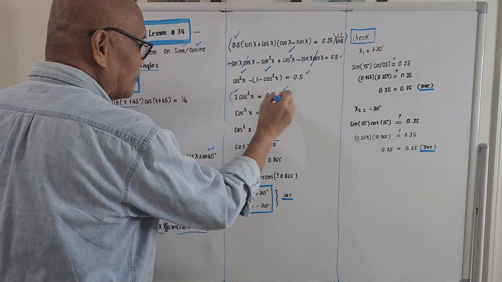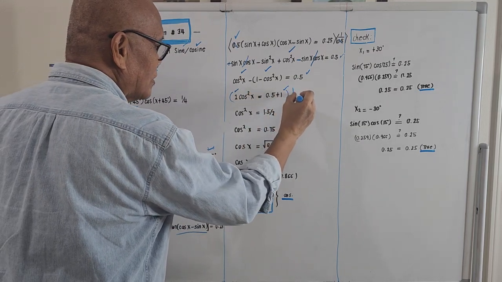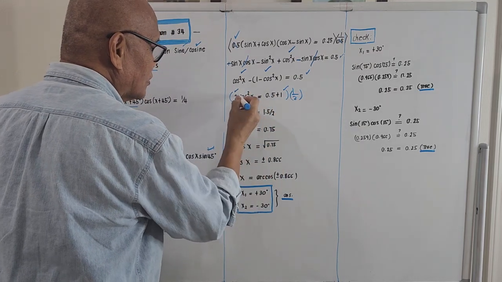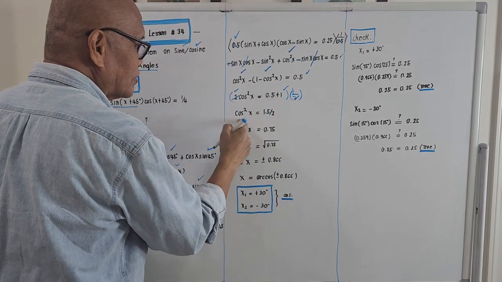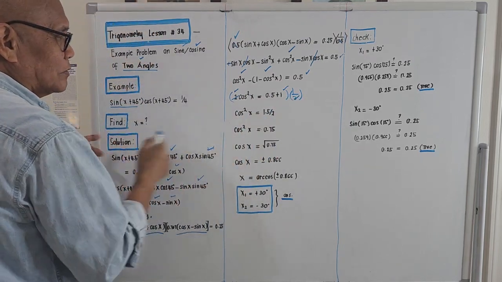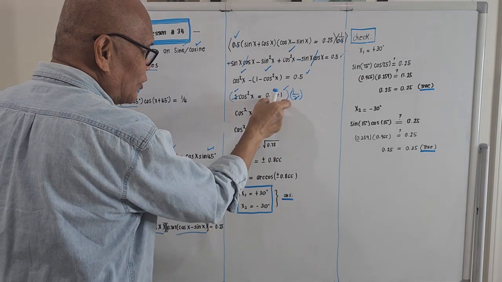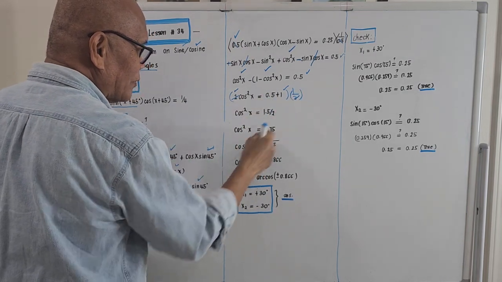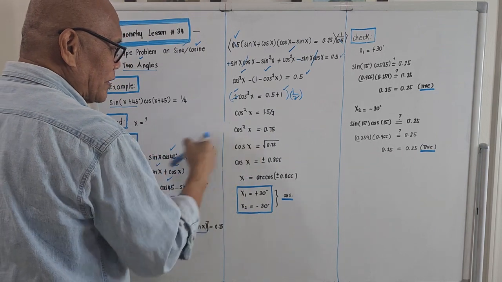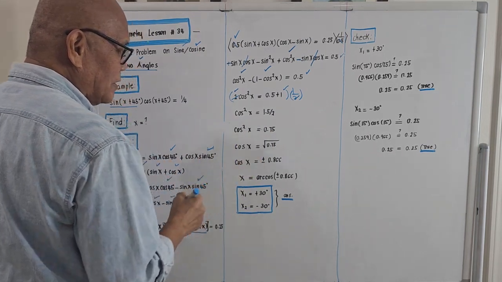Then we will multiply this by 1/2. So this one cancels. Cosine square of x is equal to the sum of 0.5 plus 1, over 2. 1.5 times 1/2 will be 1.5 over 2. Cosine square of x will be 0.75.